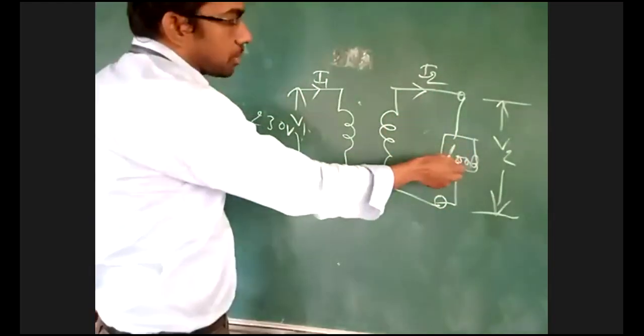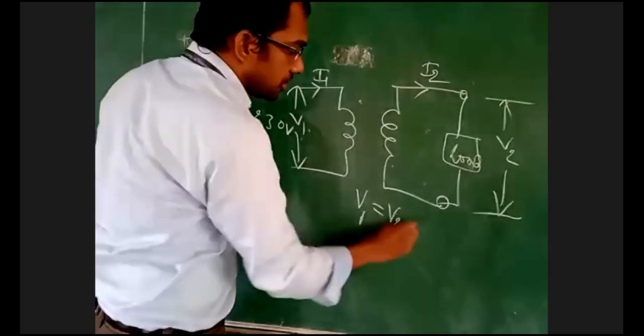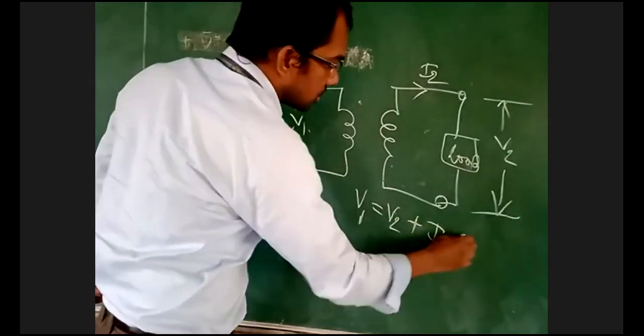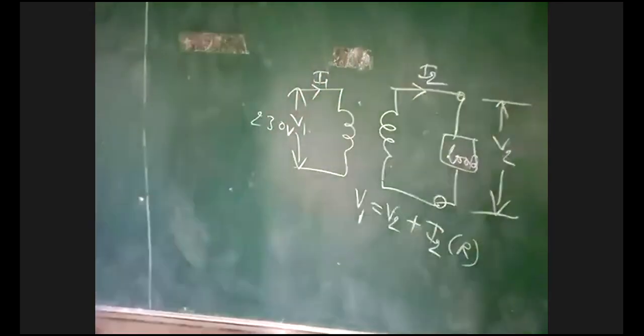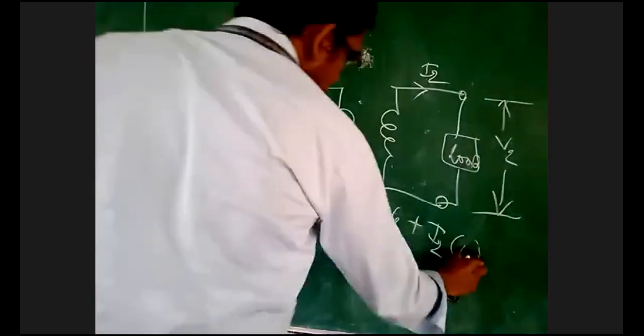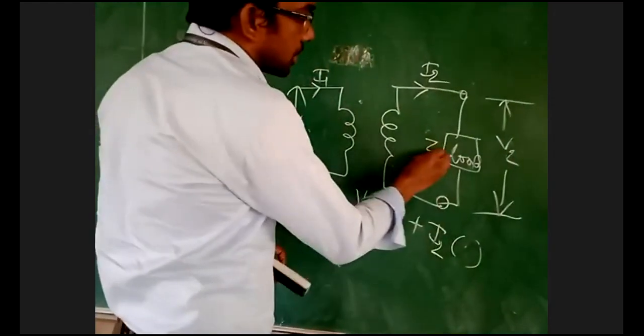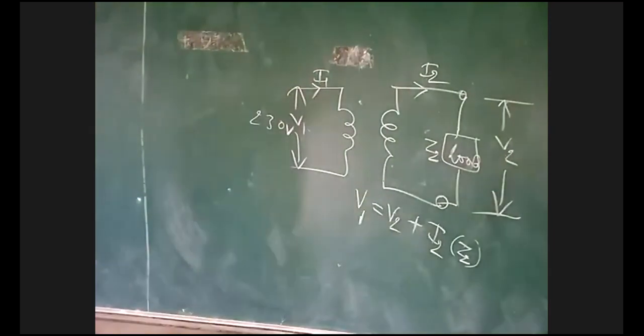Automatically V1 is equal to V2 plus I2 into load, and this load may be R load or RL load. We can take impedance. Z2 is the impedance of the load. Voltage across the load is I2 into Z2.